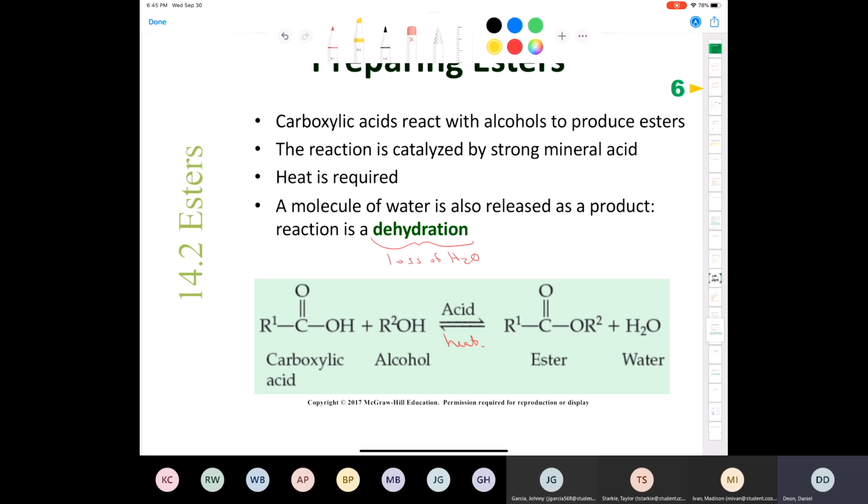Now, where does this water come from? It comes from the hydroxyl from the carboxylic acid and the proton from the alcohol. One of the ways that I remember that water is a product and that heat is necessary in esterification is that heat causes water to evaporate, and that's why we end up with the loss of water in the reaction.